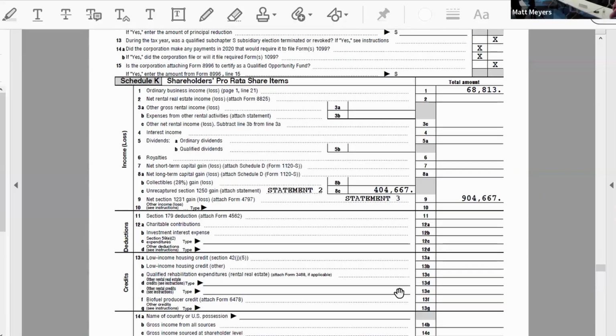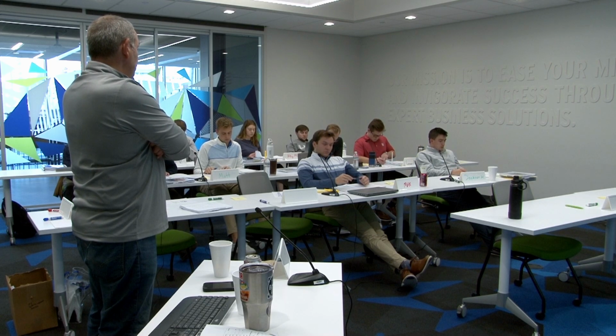Now this is the interesting thing, okay? How much on that page was 1250 undercaptured? On the gain loss calc, it was 404, right? So 68 went to page 1 because it's ordinary. Nobody has the opportunity to treat that differently.